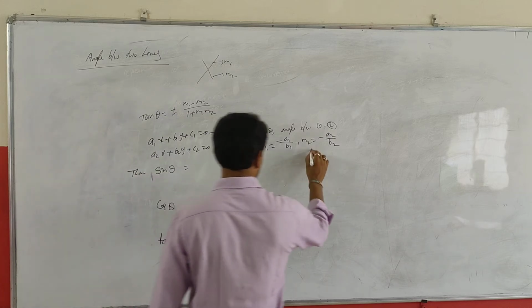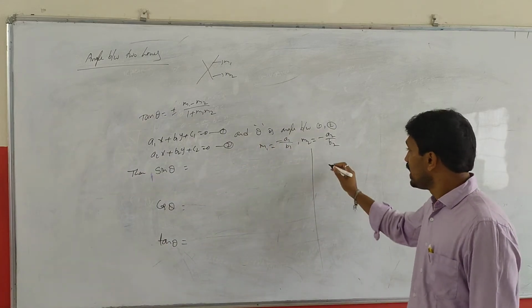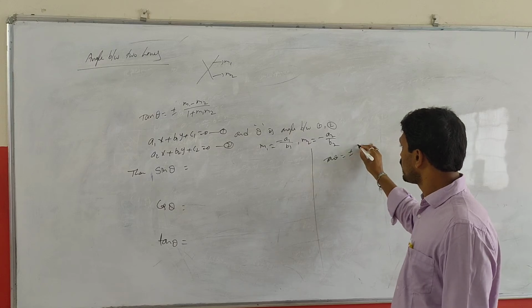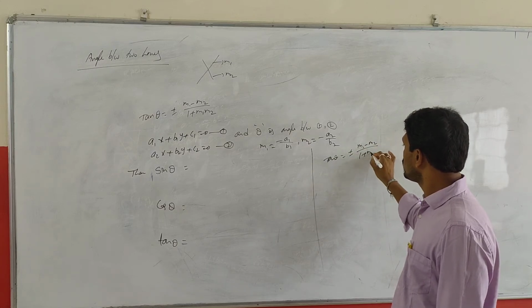Already we know this, that's why I am doing it here. Tan theta, what is the formula? ±(m1 − m2)/(1 + m1m2).